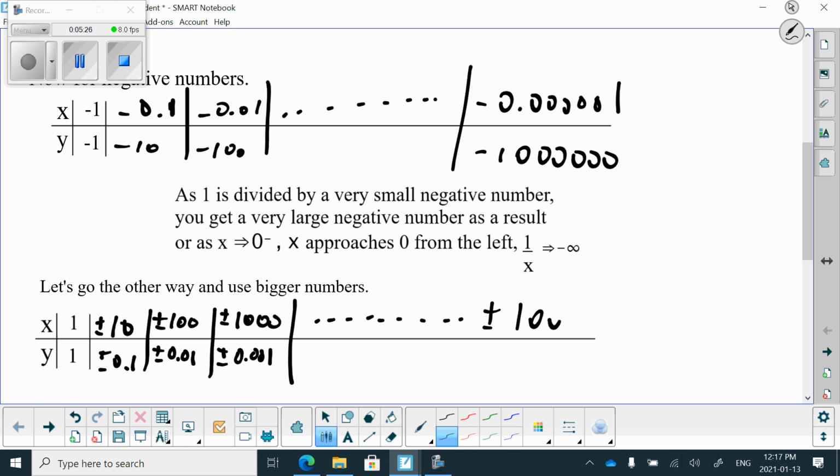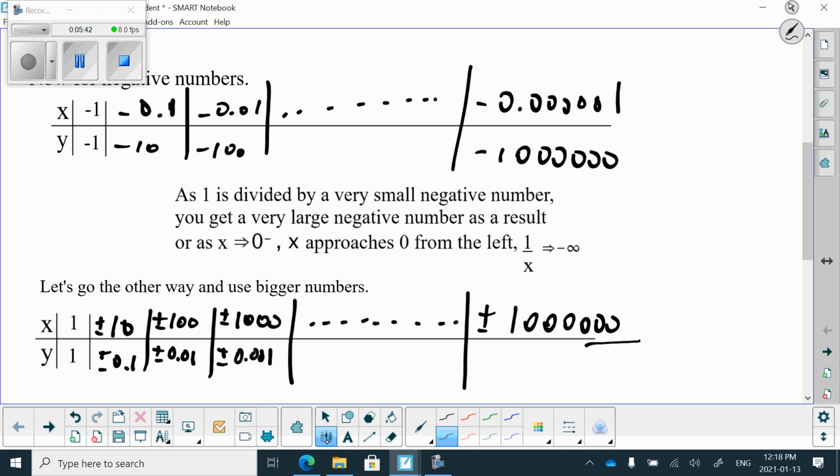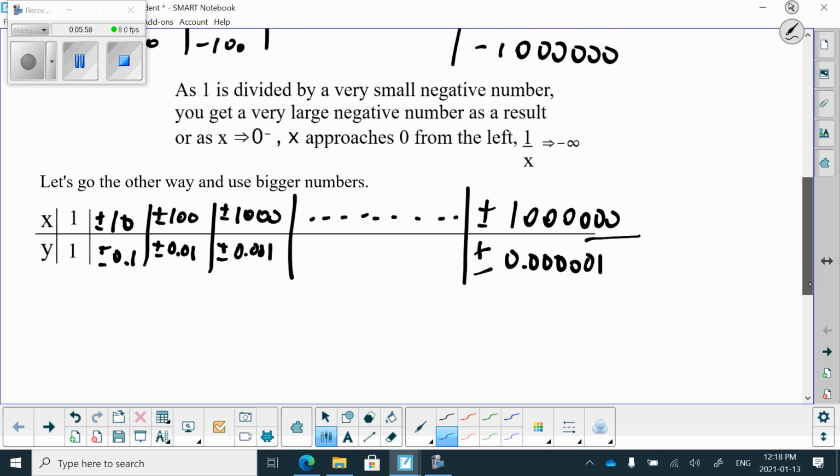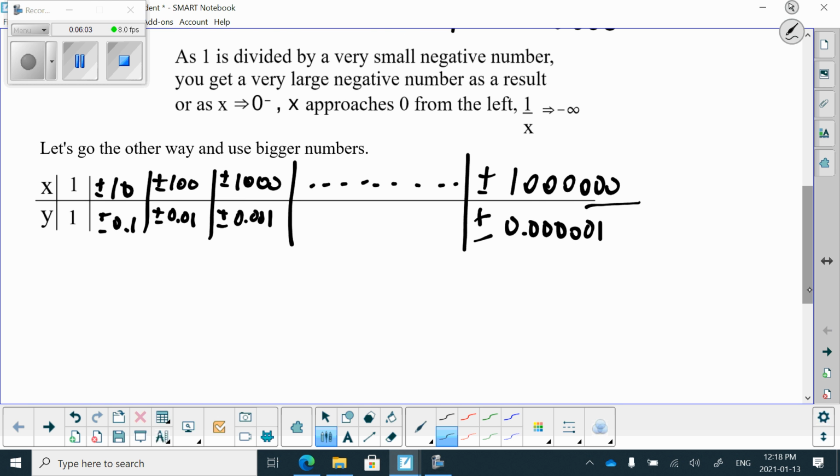Plus or minus 1,000,000 would give us plus or minus 0.000001. Yeah, exactly. So conversely, if they get really big, our numbers go really small.